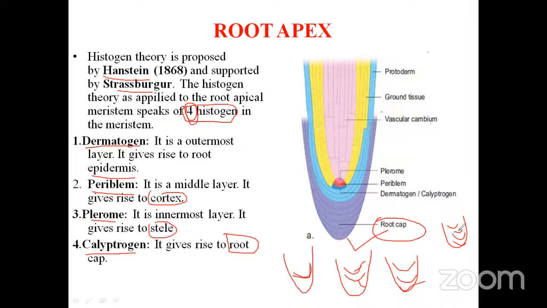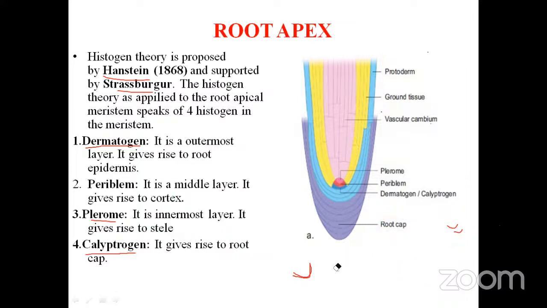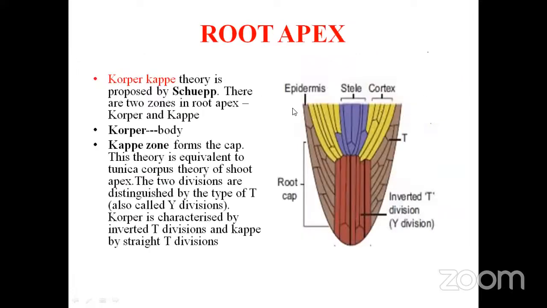Right, another theory of root development, the Korper-Kappe theory, which was proposed by Schüepp.